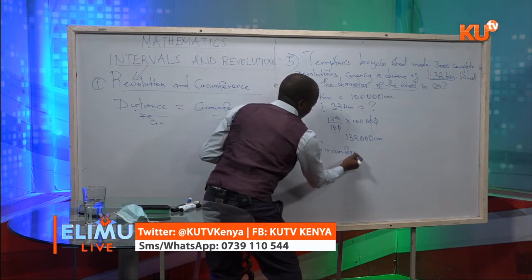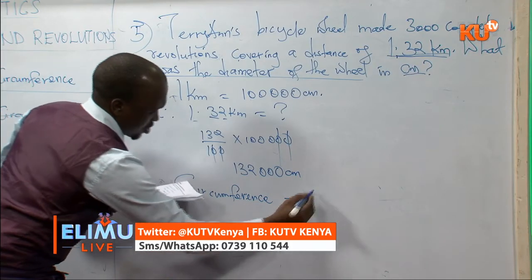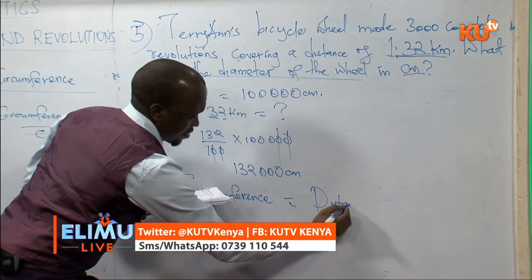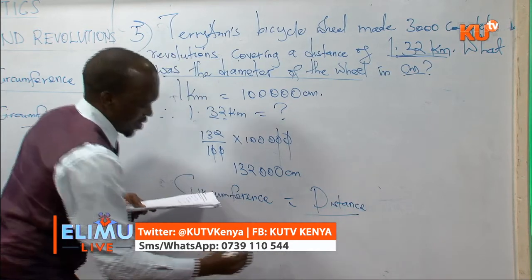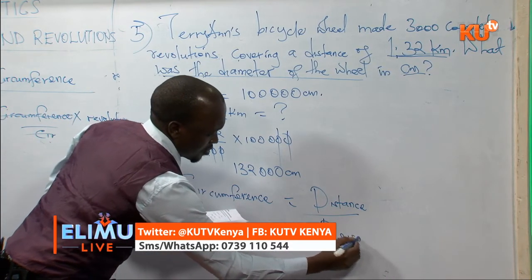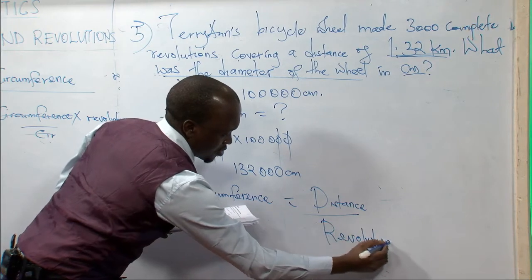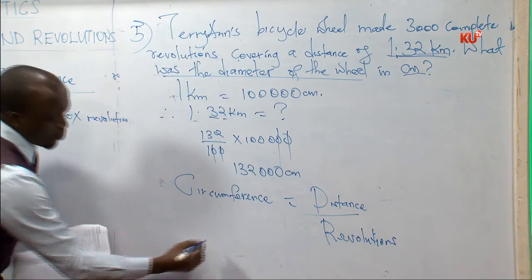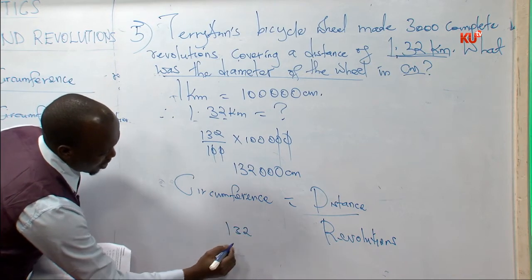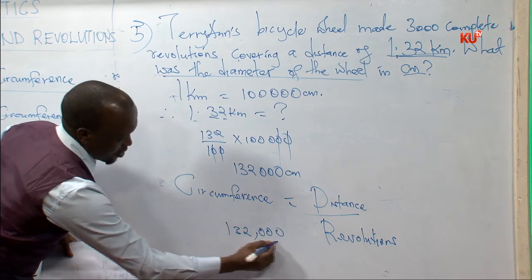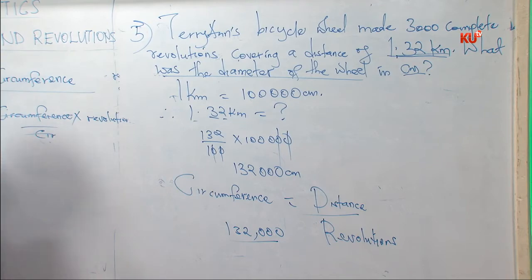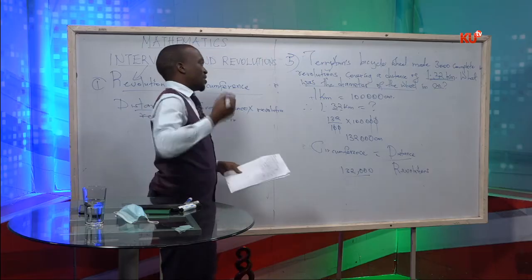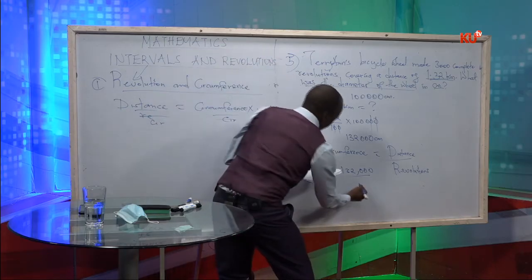the circumference is equal to distance over revolutions. The distance given here is 132,000 divided by the revolutions. The revolutions, the number of turns the wheel made, we divide by 3,000.